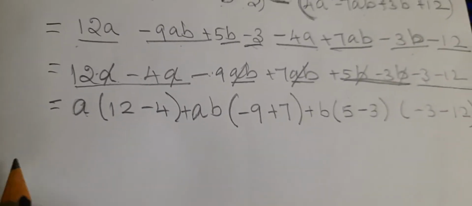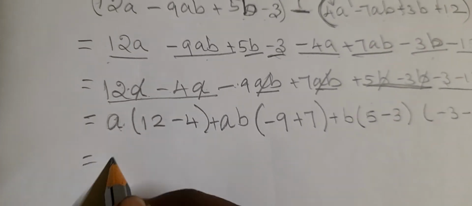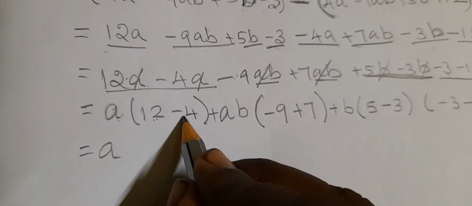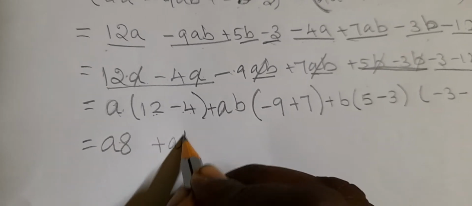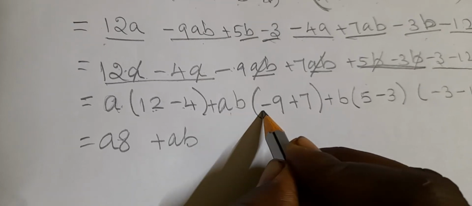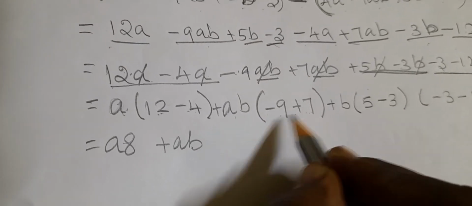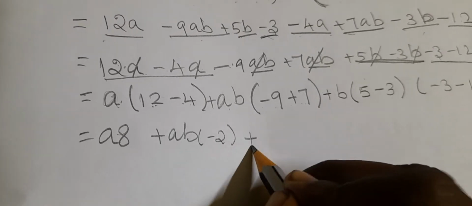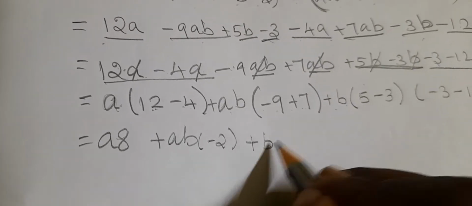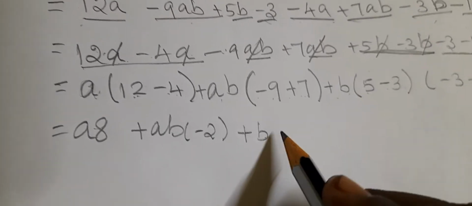Now let us simplify this. Write the a as it is. 12 minus 4 is 8, plus ab, minus 9 plus 7 will be minus 2, plus b, 5 minus 3 is 2.